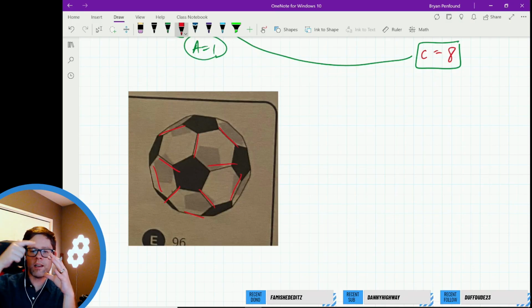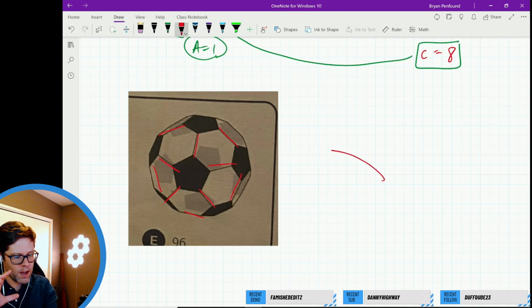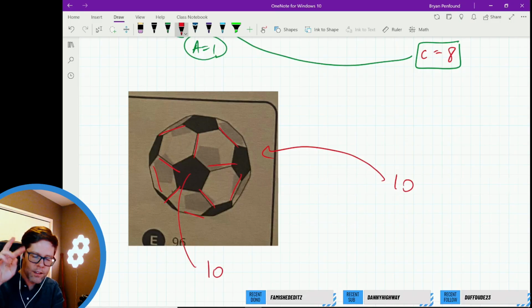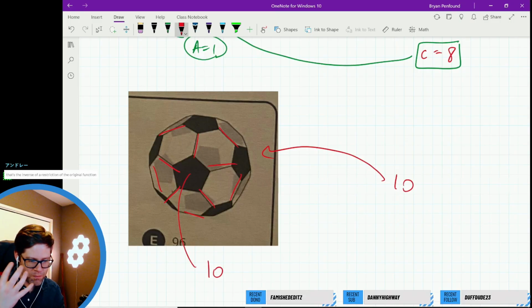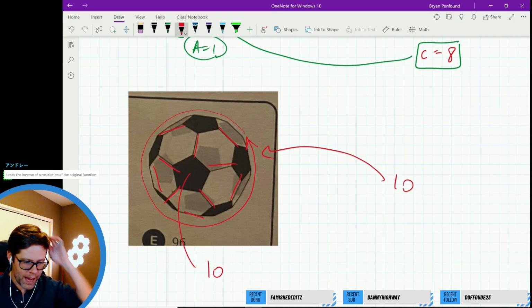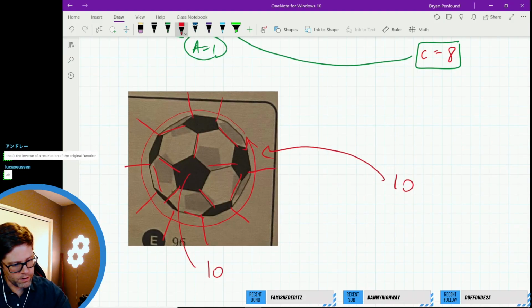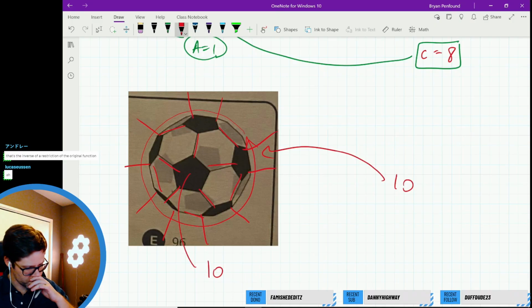And then you have the connecting space around the ball. So if this is 10, then the opposite side should also have 10. So the front face should have 10. The back side of this ball should have 10. And then all you have to do is count along around here. So you're counting the remaining ones that you haven't counted yet, which happen here, here, here, here, here, here, here, here, here, here, which should be 10. So it should be 10 plus 10 plus 10.